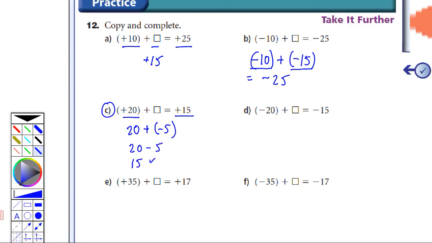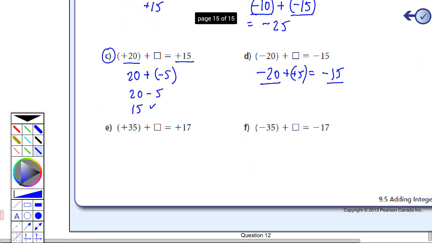Let's look at D. Minus 20 plus some number is going to equal minus 15. Well, in this case, we're starting at minus 20 below 0, but we have to end up only 15 below 0, so we're going to have to be adding a positive number, so we'll add plus 5, and that'll bring us to minus 15.